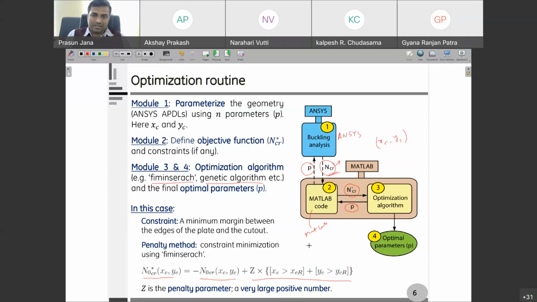Here the constraint concerns the center location, because there is a dimension of the cutout. If this is the diameter d of the cutout, the center has to be at least d by 2 distance away from the edge.